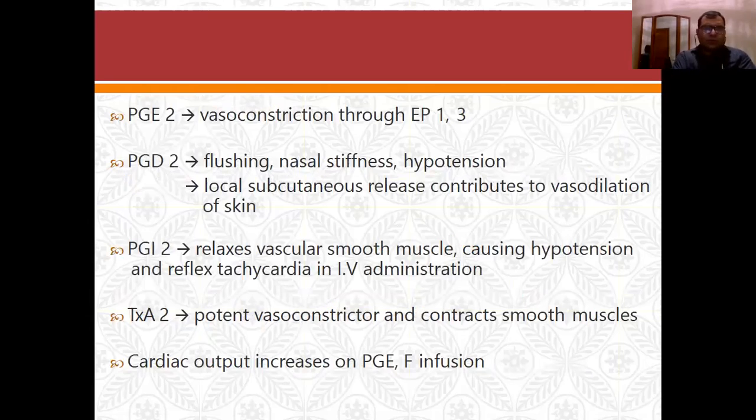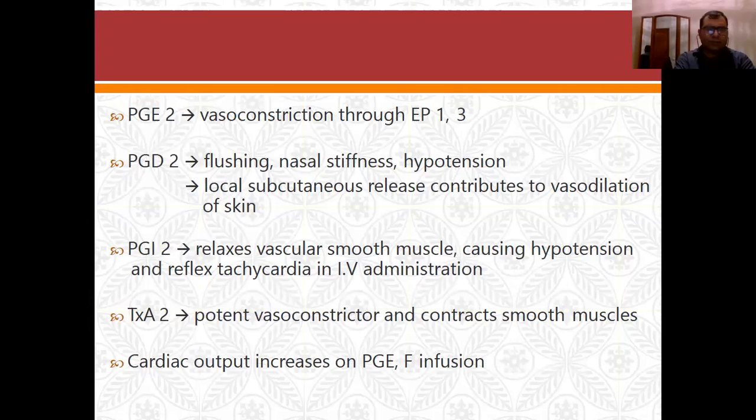Prostaglandin E2 causes vasoconstriction through EP1 and 3. Prostaglandin D2: flushing, nasal stiffness, hypotension; local subcutaneous release contributes to vasodilation of the skin. Prostaglandin I2 release relaxes vascular smooth muscle, causing hypotension and reflex tachycardia in IV administration.